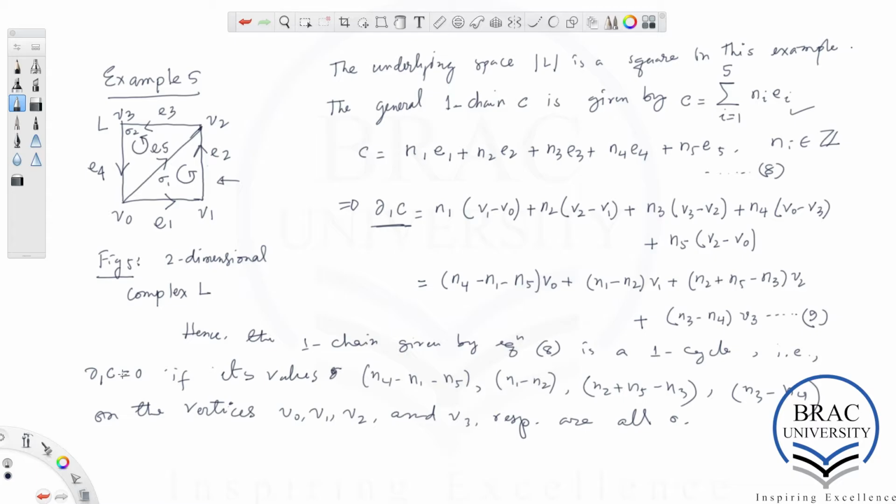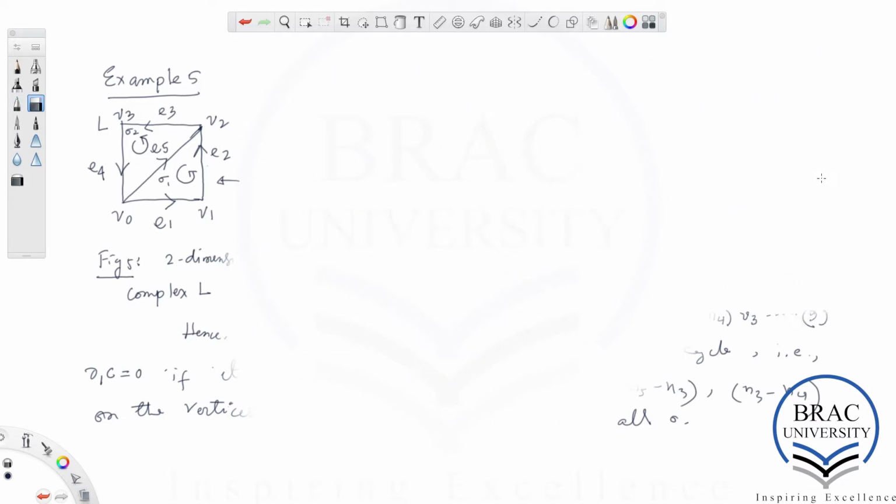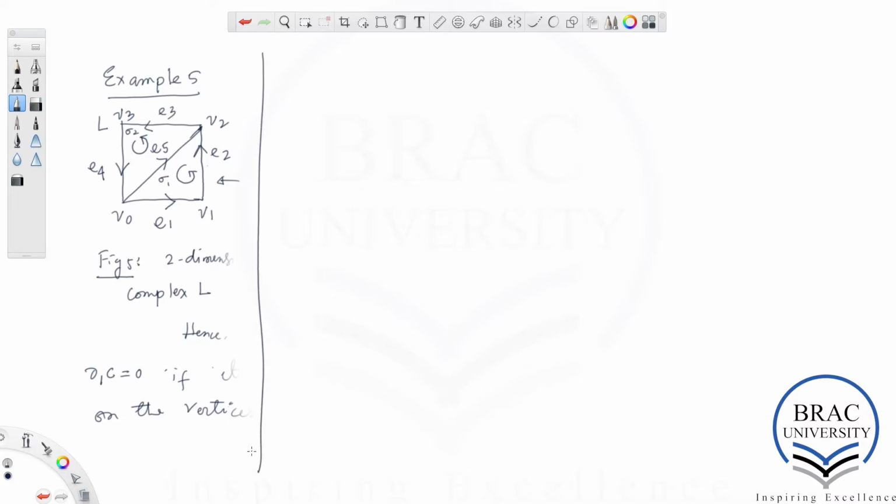So this gives us the following equations. N4 is equal to N5 plus N1, N1 is equal to N2, N3 is equal to N2 plus N5, and N3 is equal to N4.